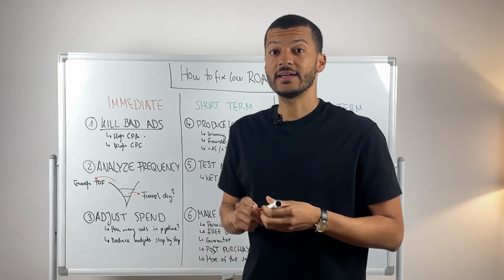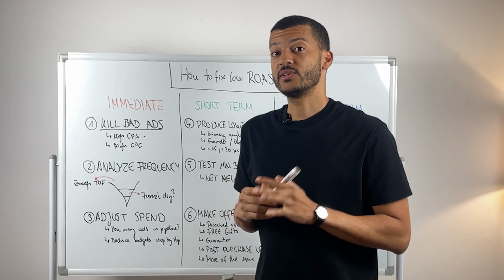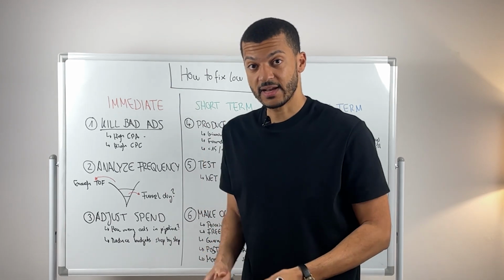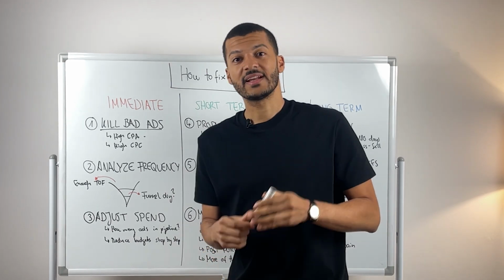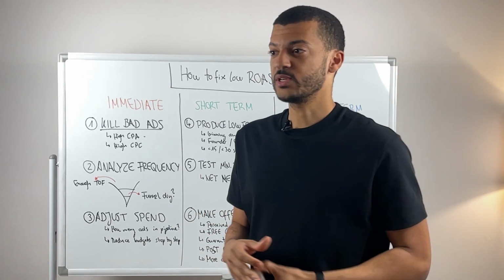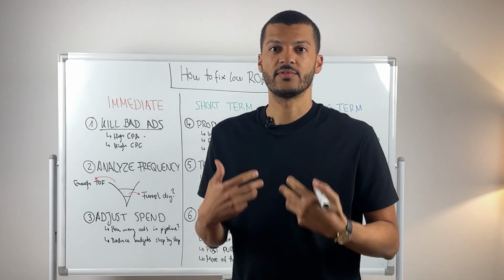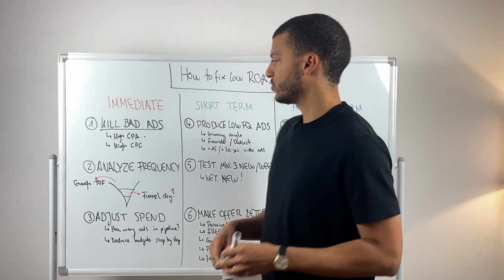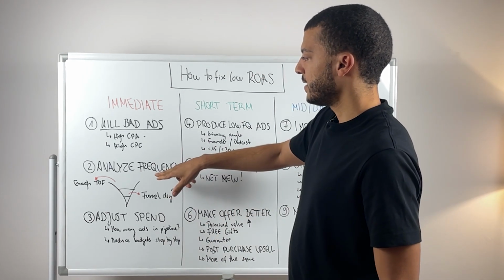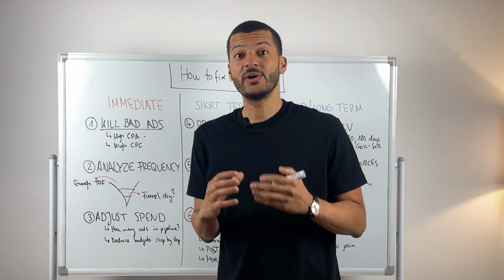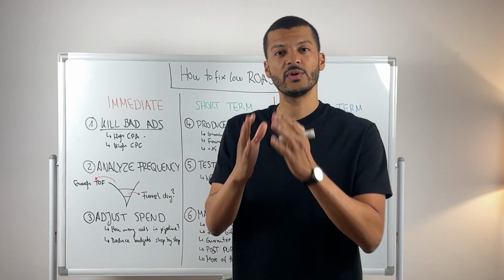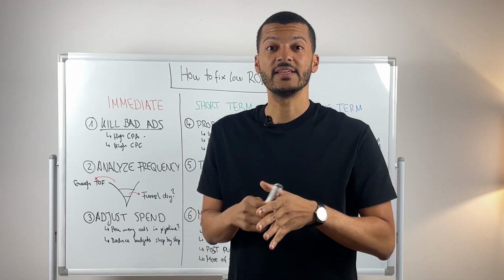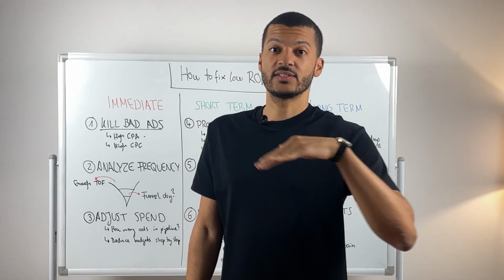Second thing, I analyze the frequency. I try to understand what is the frequency of the creatives that I have running currently. One thing that I see a lot, especially when I do audits for ad accounts, for brands that just want a second opinion or want to join my mentorship, is that they oftentimes have a very high frequency. You can go into your ads manager and check what the frequency is over the last 7 days and over the last 30 days.